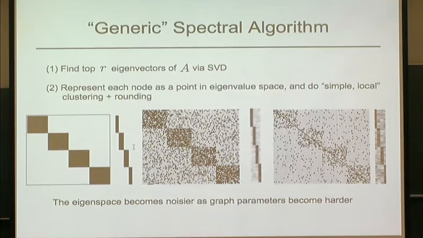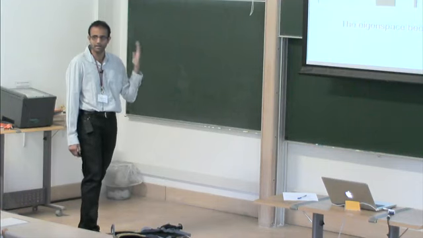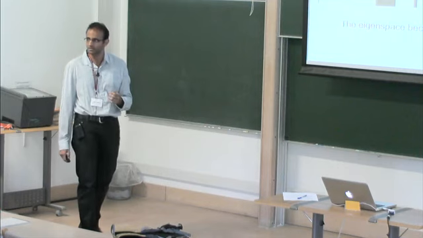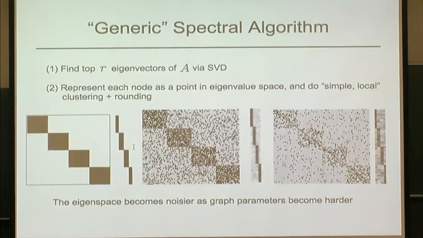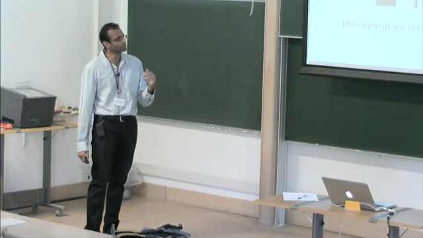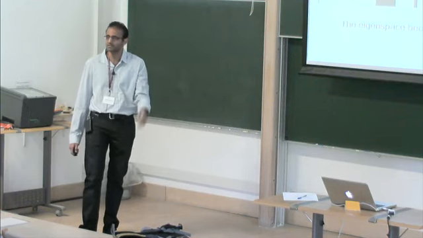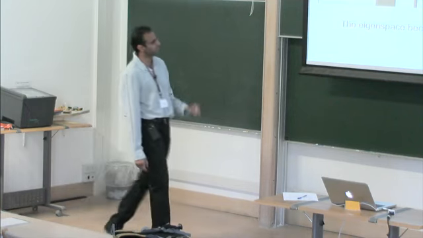There are a huge number of spectral algorithms, but they're all variations on this theme: take the adjacency matrix or the Laplacian, take its singular value decomposition, and retain the top R eigenvectors. Then represent every node as a point in R-dimensional space, with the point being the corresponding values of the eigenvectors, and do something simple and local in that space. Let me illustrate.